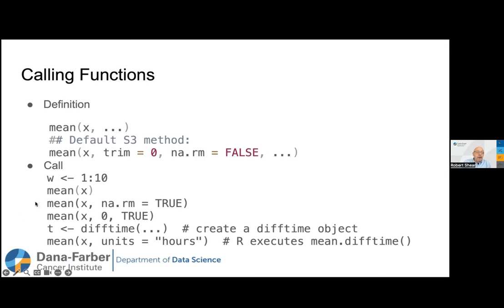Whatever it is, what's called mean dot diff time allows you to specify the units of measure on the output. Now, the fact that it's called mean dot diff time, you probably will never see. You may see it in a diagnostic message.